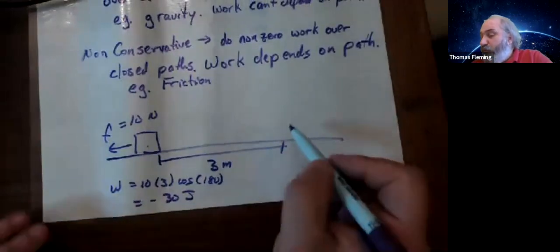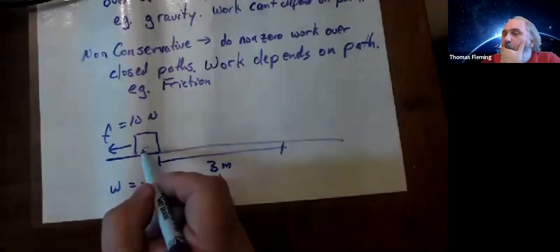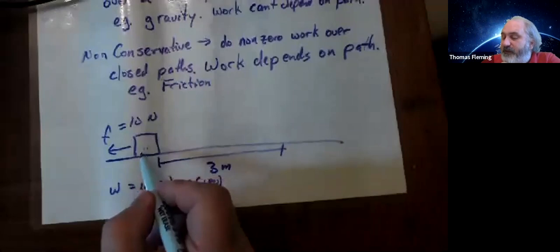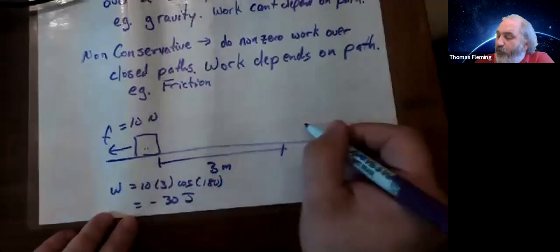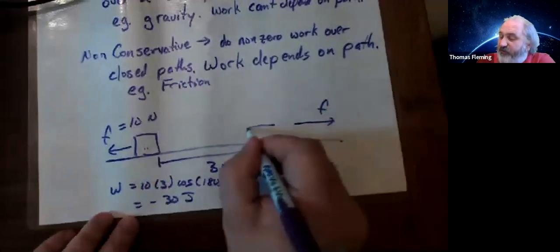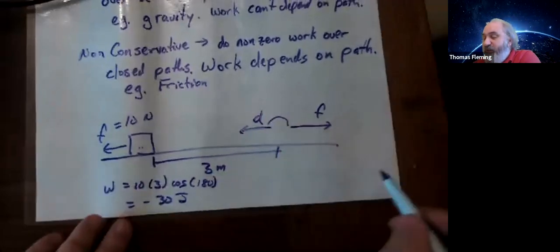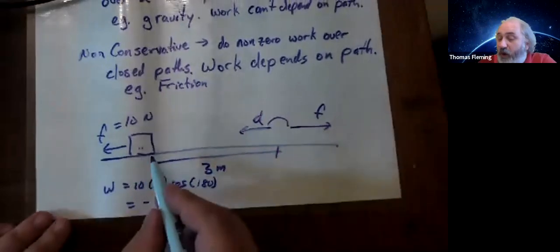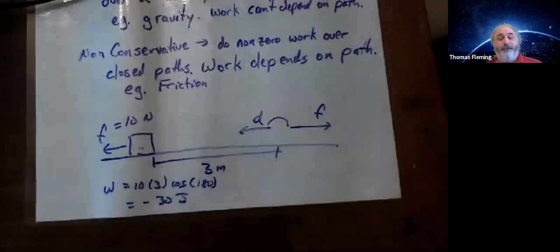But if I go from here back to here, on the way back, the force of friction is going to be the other direction. And the distance is going to be this direction. So the angle is still going to be 180, which means on the way back, it's going to do another negative 30 joules of work for a total of negative 60.